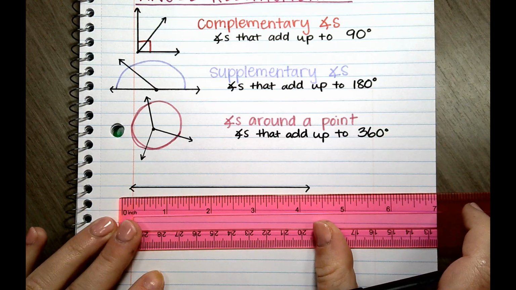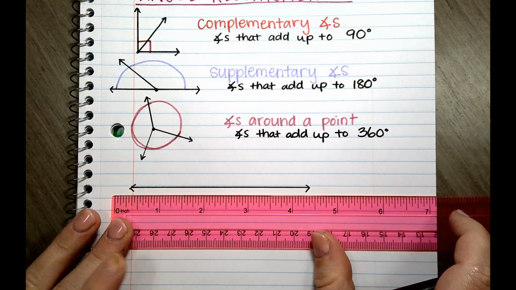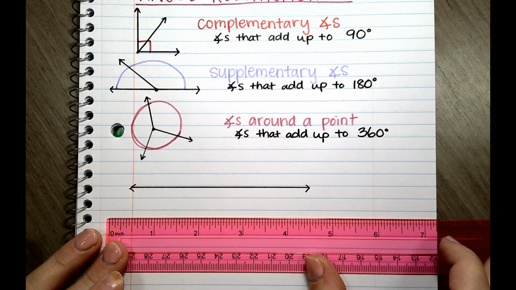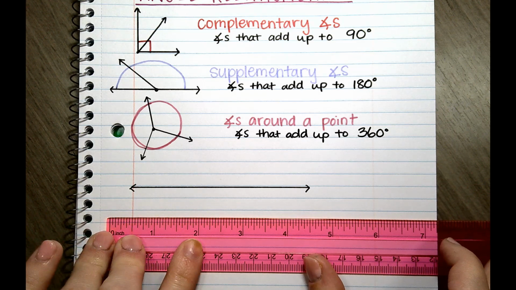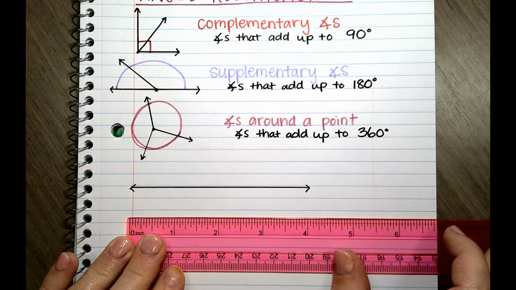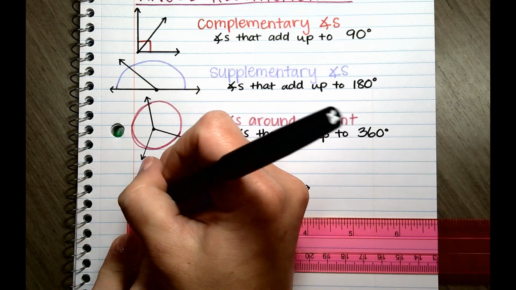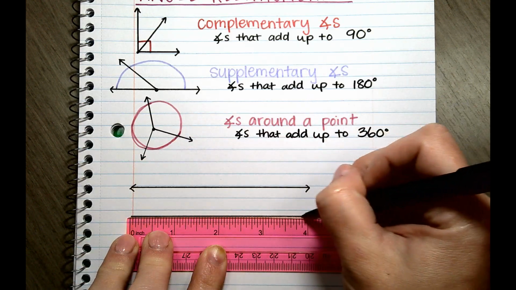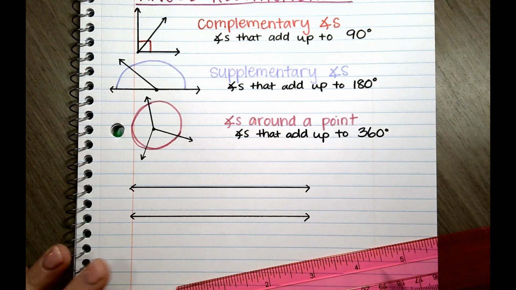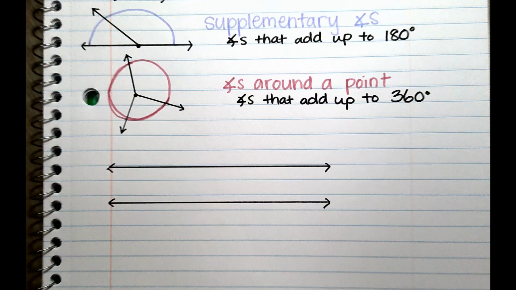So don't make one line straight, one line tilted. We want them to be going at the exact same angle. So I'm going to get it as close as I can. Line it up. It doesn't have to be the same length, but it does need to be going at the same angle. I'm going to draw my second line, just like that.